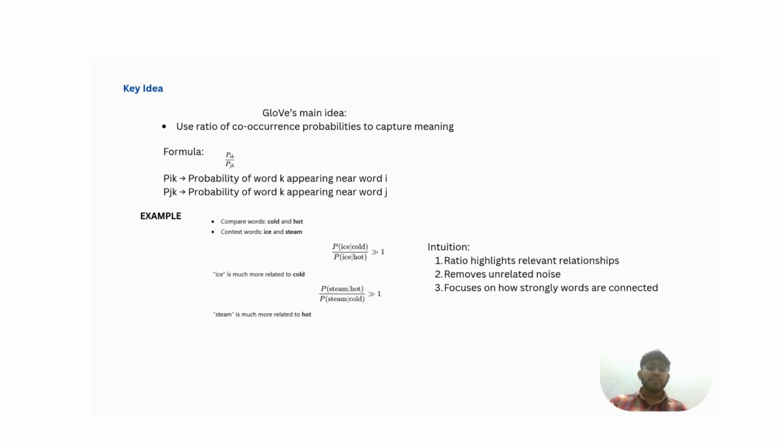For example, if ice appears much more frequently with cold than hot, this ratio tells us something important about their relationship. This approach allows GloVe to filter noise, focus on meaningful connections, and capture deeper semantic structure. This is what makes GloVe more powerful than previous methods.